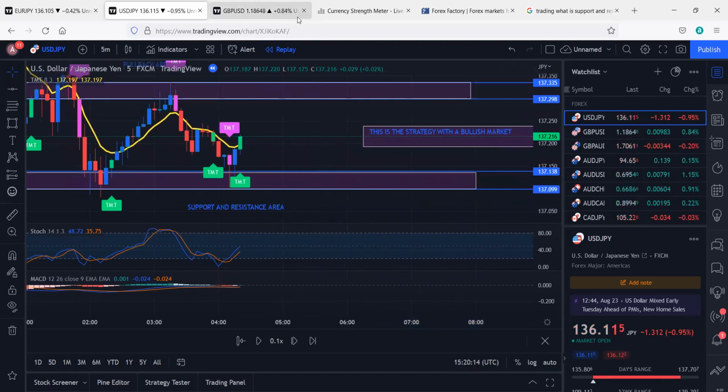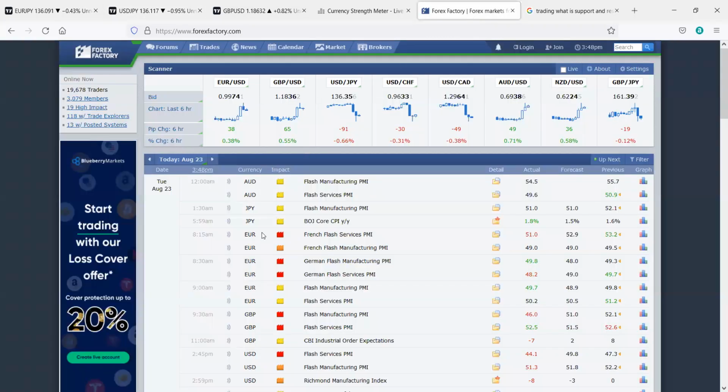Hopefully that made sense. And before I present one more thing, you may ask, Ali, what do you do before you start trading? Do you look at any news, currency trends? Yes, I do. I begin with looking at Forex Factory for the news. I didn't check now because we were just doing back testing. I was demonstrating how my strategy works.